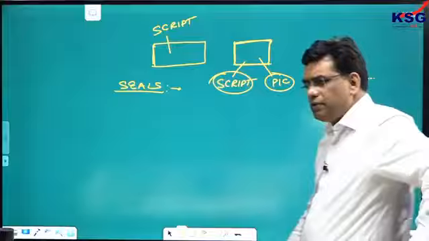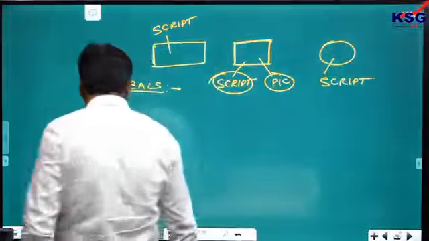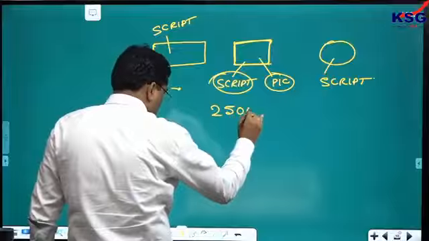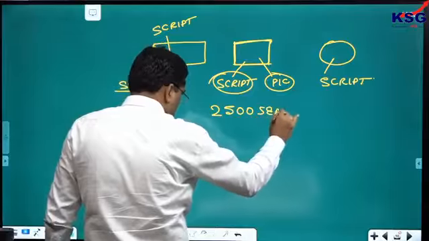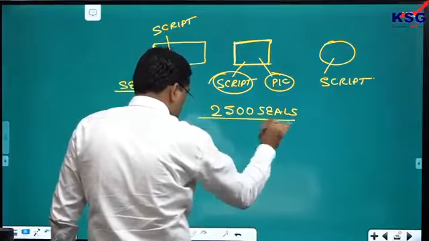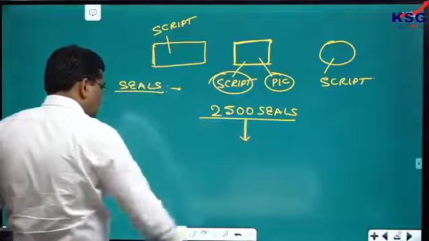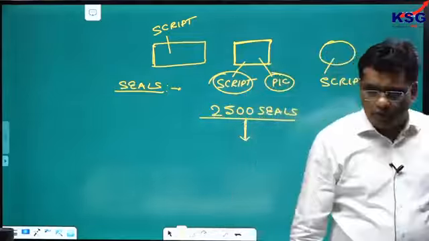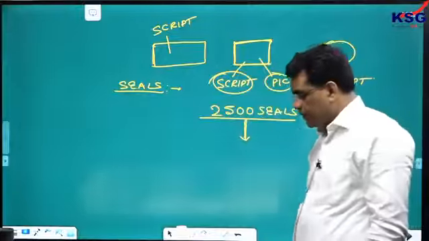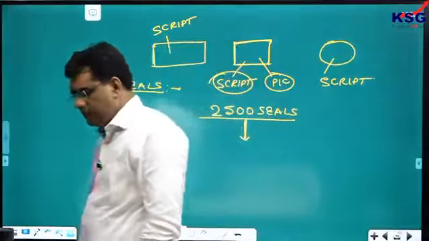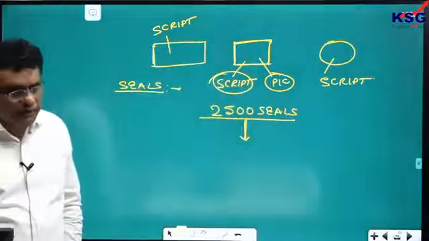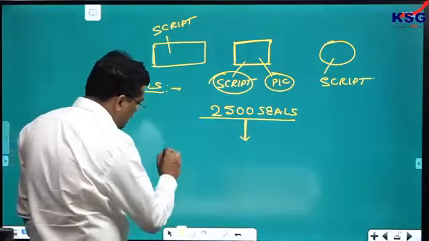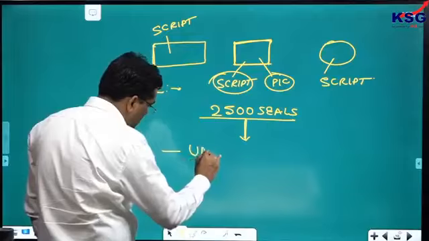Till date, we have found around 2500 seals. On all the seals we can read the picture, but we cannot decipher the script. On many seals we have the unicorn bull.